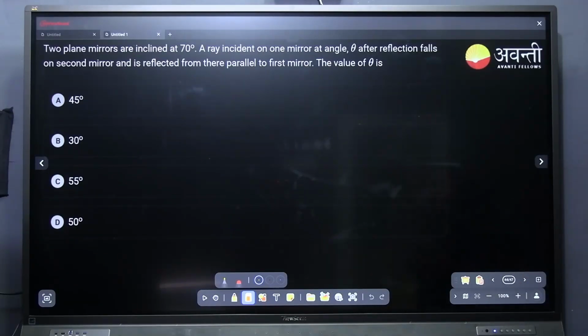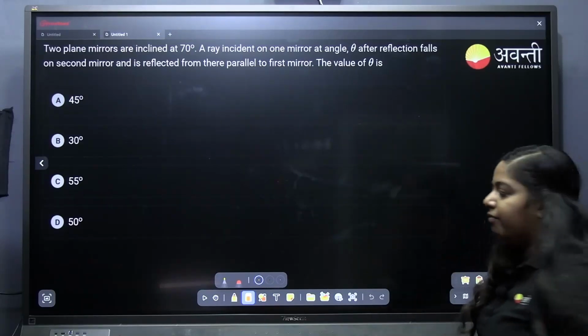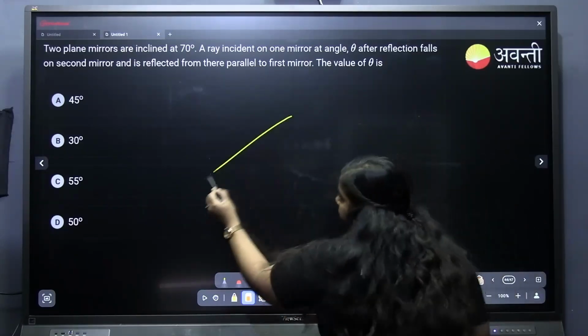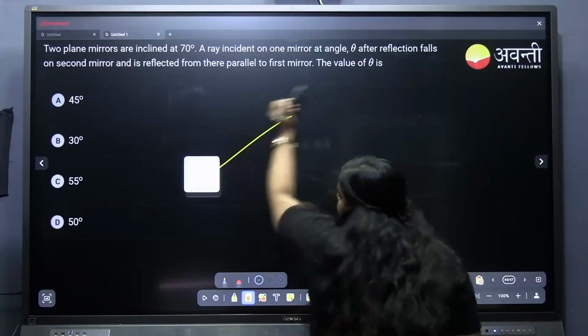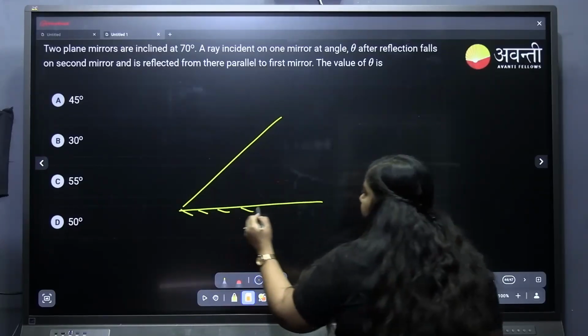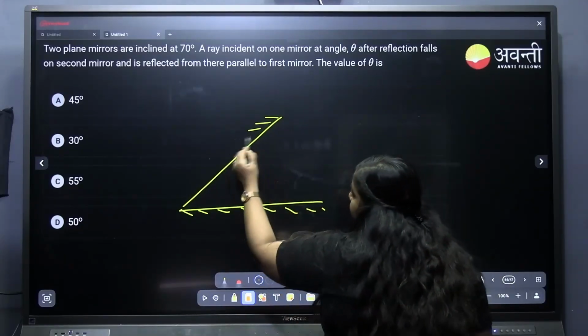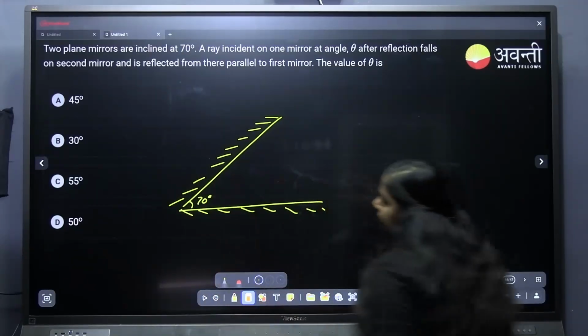Two plane mirrors are inclined at 70 degrees. A ray incident on one mirror at angle theta, after reflection, falls on the second mirror and is reflected from there parallel to the first mirror. The value of theta is? So let's say these are the two mirrors. The angle between them is 70 degree.